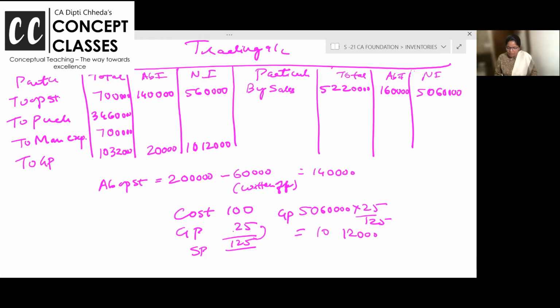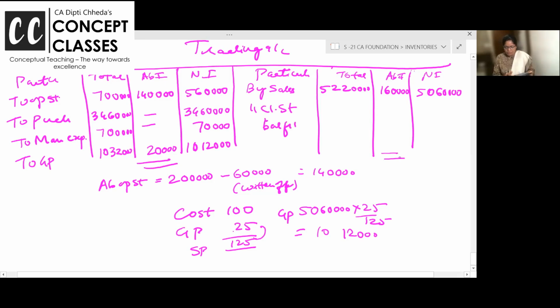Normal income में normal GP. Now purchase and manufacturing expenses will anyways be common. Normally रहेंगे ना? No one will buy abnormal item. So can we get closing stock as the balancing figure? Abnormal item तो totally खत्म हो गया. Yes.